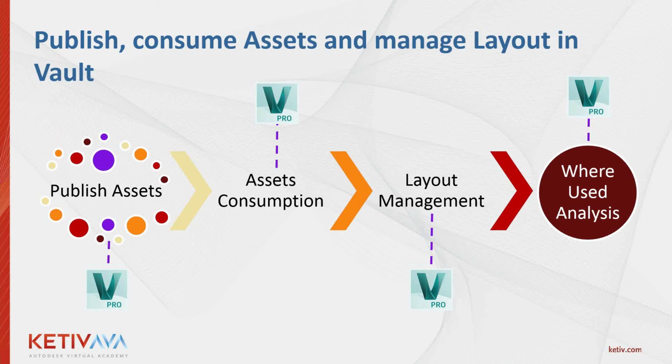They'll be able to then consume those assets through the library, which is now stored in Vault, and do some layout management. So actually understand where instances of their assets, of their equipment, are being used and consumed. We have instance level properties, and we can do some where used analysis to understand which version of the asset is being used where, along which lines, which factories, for example.